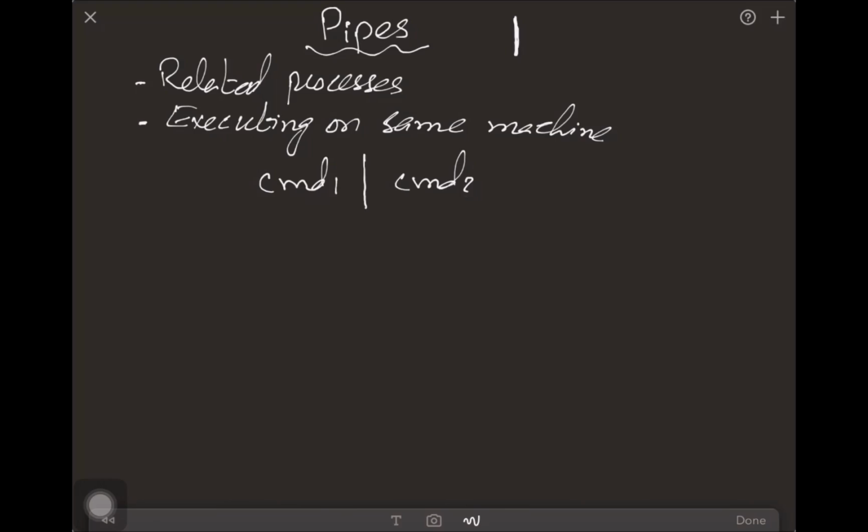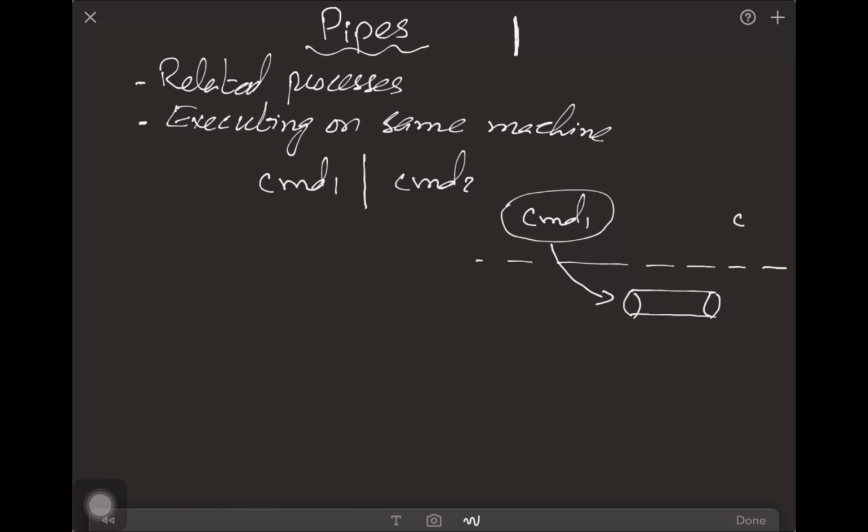Diagrammatically, command 1 is converted into a process, and instead of sending its output to stdout, it writes its output to a kernel-maintained buffer that is known as a pipe, and the command on the right side of the pipe, instead of reading its input from stdin, reads its input from the output end of the pipe.